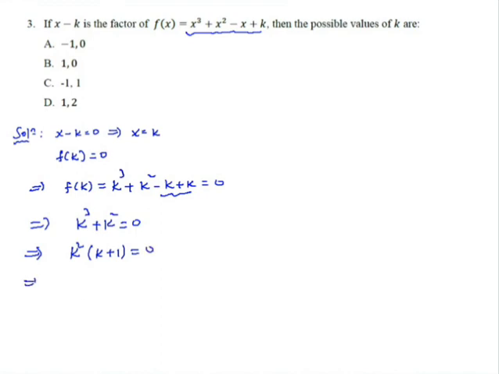So this implies k squared is equals to 0 or k plus 1 is equals to 0. In this case k becomes 0 or k becomes minus 1. So the possible values of k in which x minus k becomes a factor is minus 1 and 0.